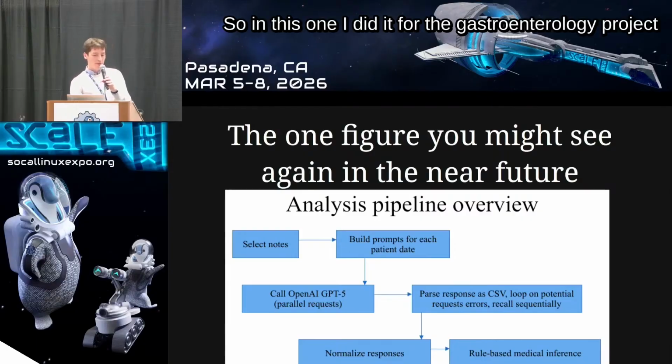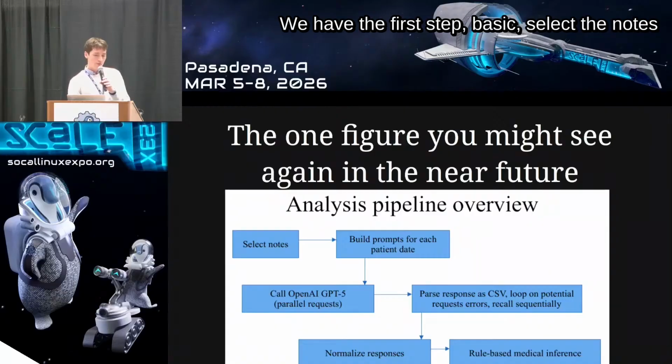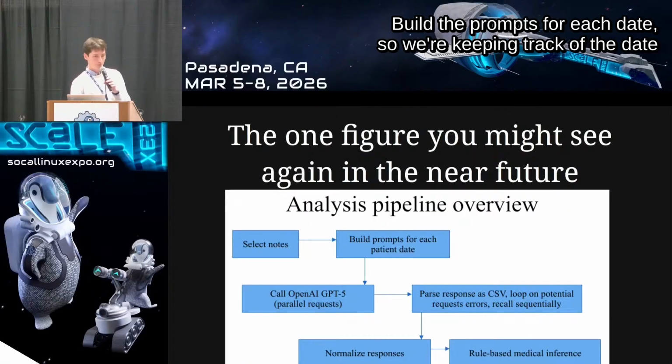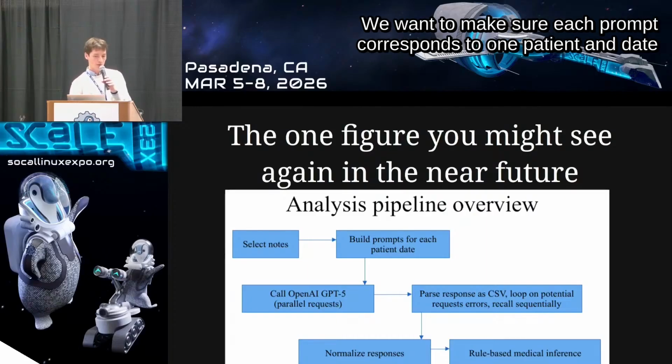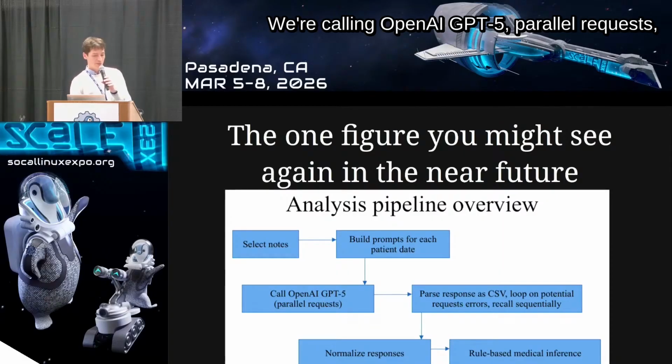In this one, I did it for the gastroenterology project. We have the first step, basic: select the notes, build the prompts for each date. So we're keeping track of the date. We want to make sure each prompt corresponds to one patient and date. We're calling OpenAI GPT-5, with parallel requests.